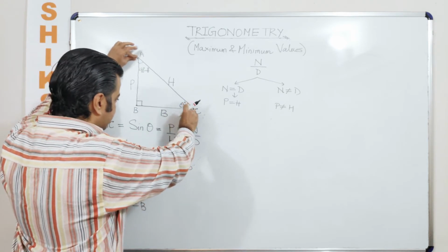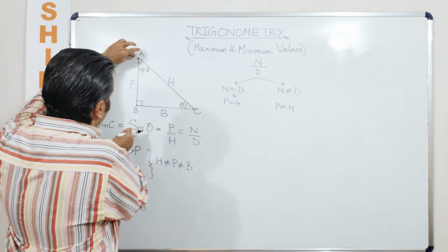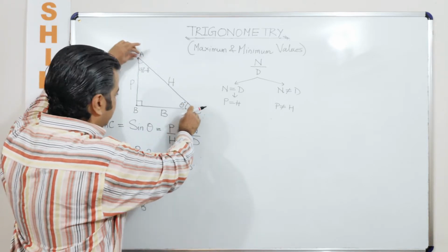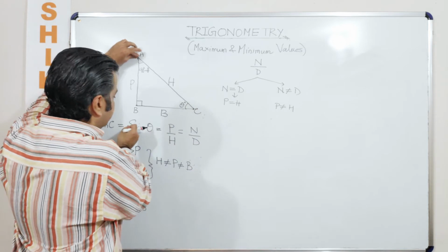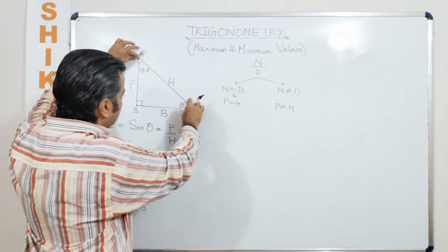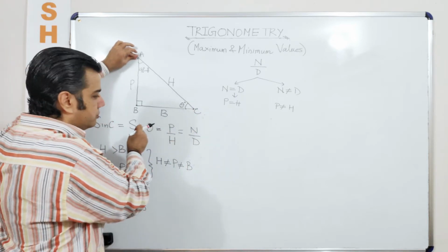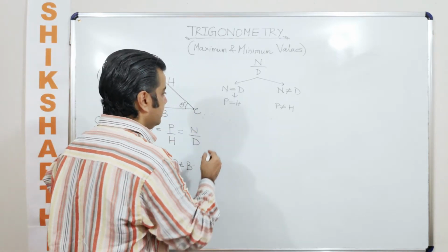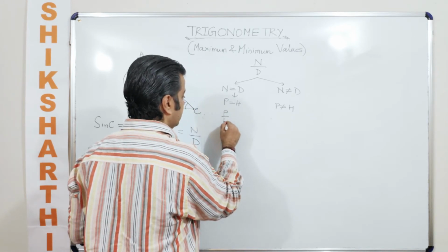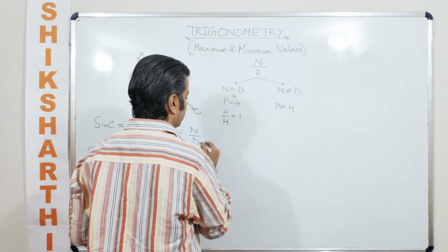Now this AC swings and supersedes AB, covering it totally. So what could be the limiting value? It could be equal to 1, so I can say the limiting value here becomes equal to 1.